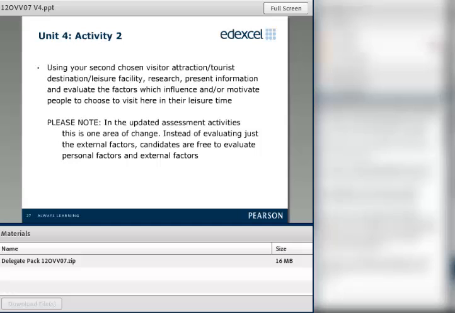Now, in 2009, we only wanted the candidates to evaluate the external factors, but actually now candidates are free to evaluate either the personal factors or the external factors that apply for them, okay?